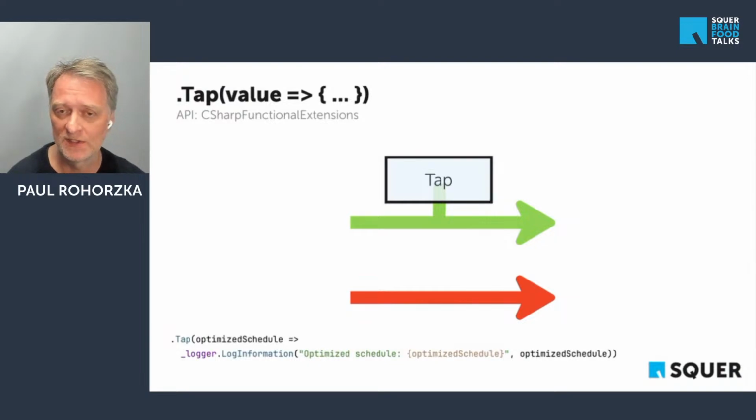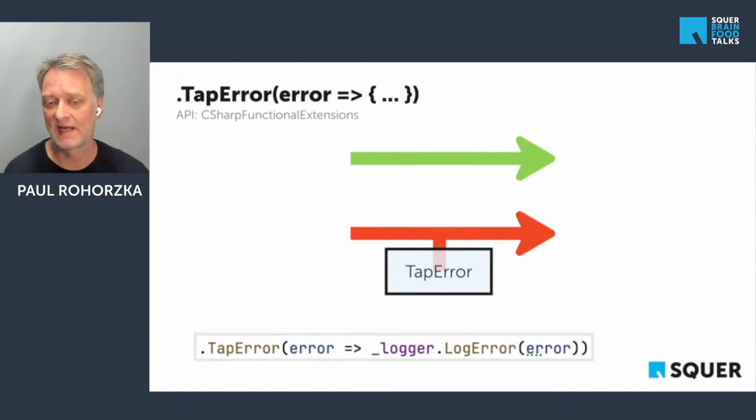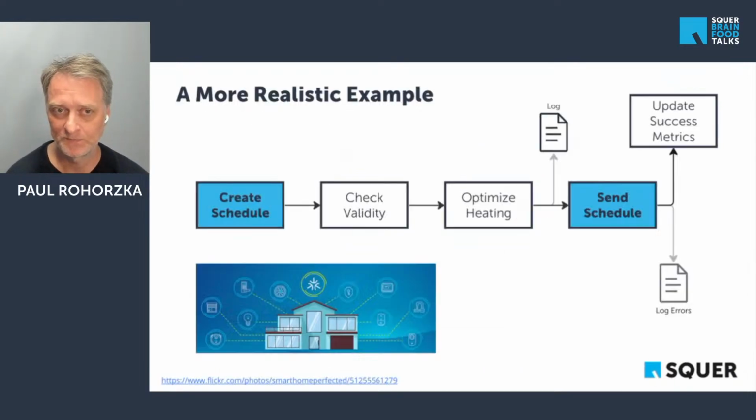You can have the same on the failure track. That's called tap error. So if you want to log an error, you can use that as well. Or both tap methods could be used to apply some out-of-band side effects to, for example, class-level counters or something like this.